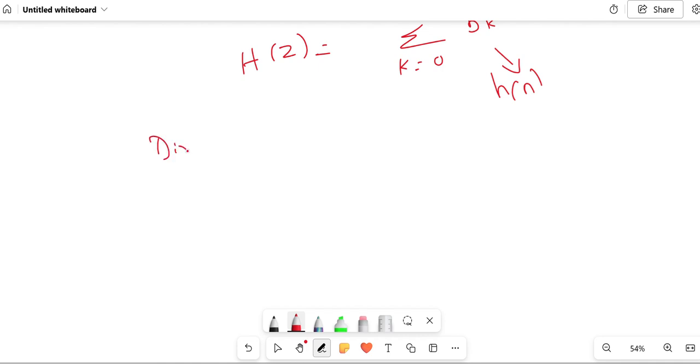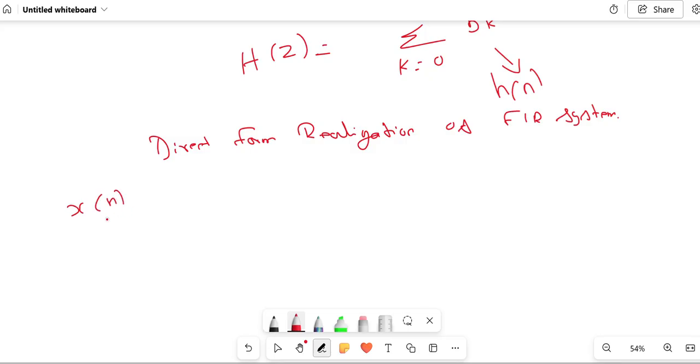In order to realize the system, see the simple direct form realization of the FIR system. This is x(n). This is a unit delay element.